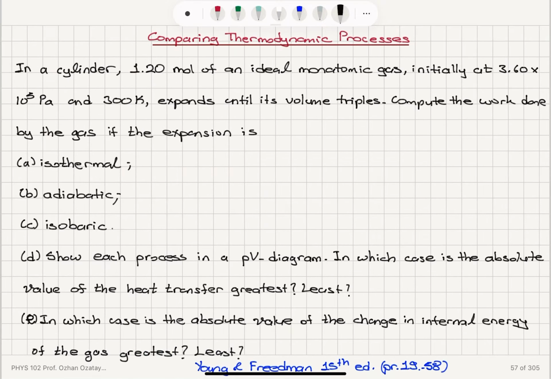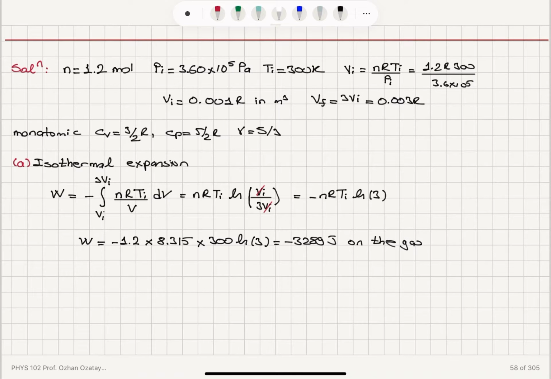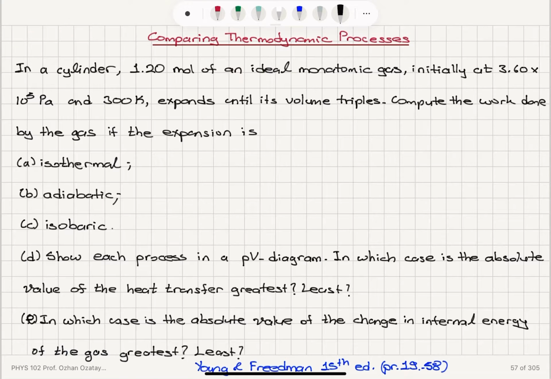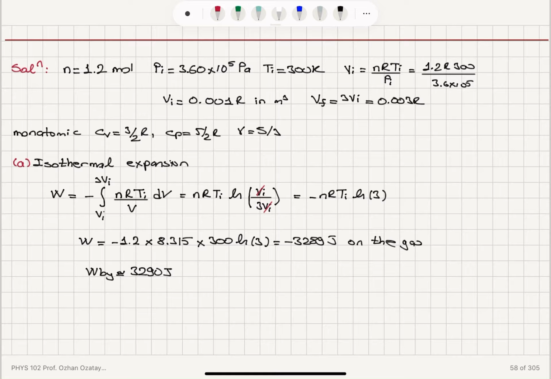The question was asking for work done by the gas. So work done by the gas will be approximately 3,290 joules. I have reduced it to 3 significant figures, which is the minimum number of significant figures given to me. So that is 3,290 joules of work done by the gas.